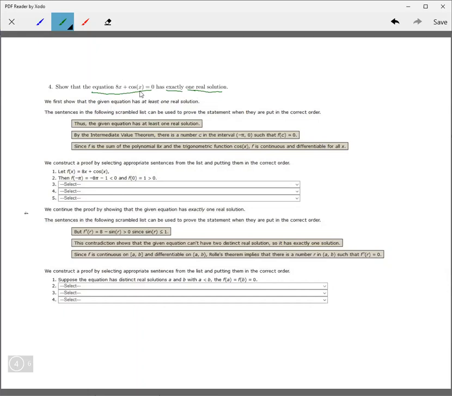So the strategy in this sort of thing is to show it has at least one solution, then show it can't have more than one.